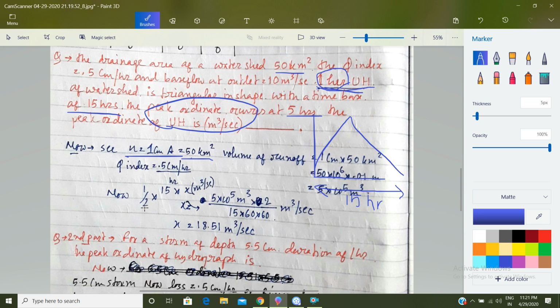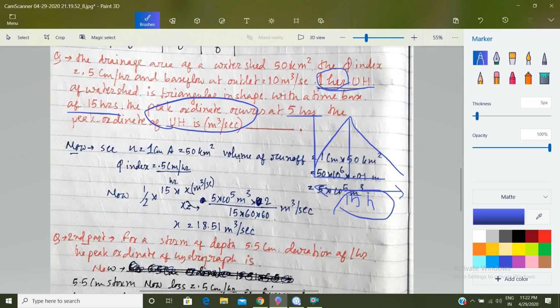Now see what we can do. The area of the triangle means half into 15 hours into Q meter cube per second. This one is the area of the hydrograph, half into base 15 hours into height. We need this height actually, Q. Therefore half into 15 hours into Q equals the volume of the runoff.